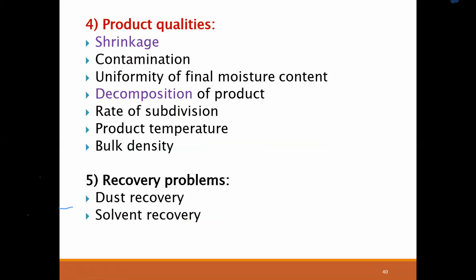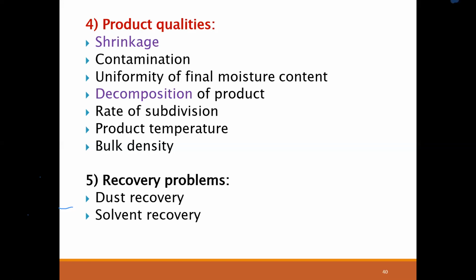If you apply too much drying, there is a chance the material will shrink and its properties will change. If you remove the moisture from the material, it shrinks. So your product should not shrink.